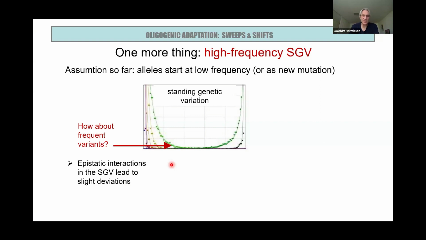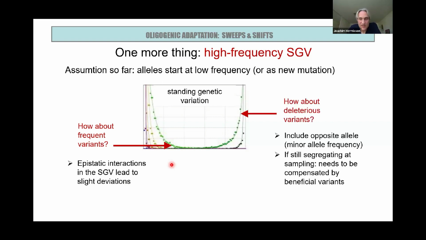We just ignore that. On the other hand, of course, these alleles could be not rare, but really frequent, if we are here on this other side of the U. How about these high frequency derived alleles at that point?